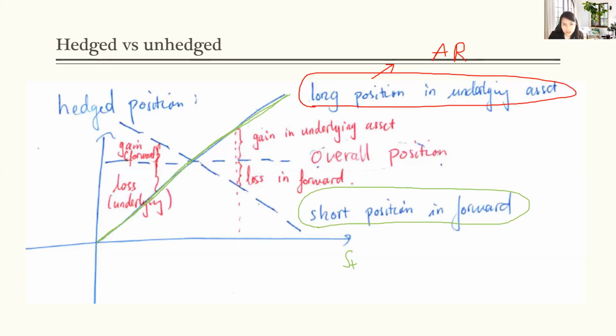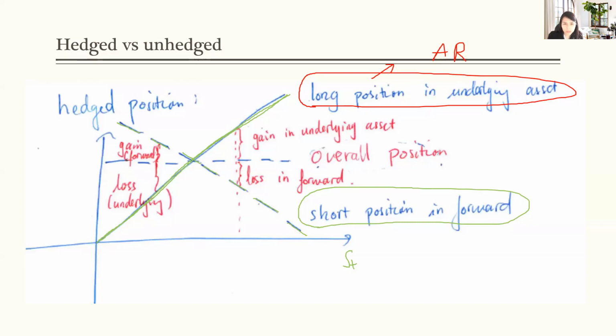Essentially, I enter into an opposite position in the forward contract. So what I do here is create a portfolio where anytime my account receivable increases, my forward contract will decrease and vice versa.